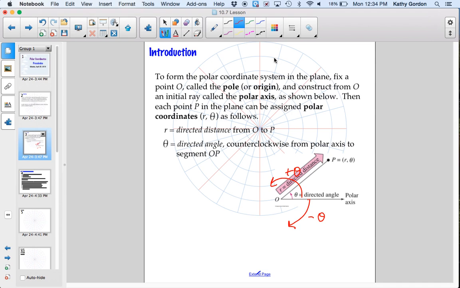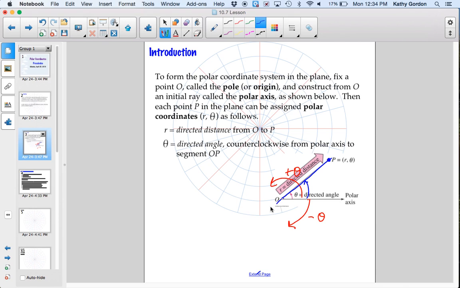For positive or negative r, a positive r value means that if I go to this angle, so that this is my terminal side, my point is r units on that side. Okay? But this portion of a line really is a portion of a line, correct?